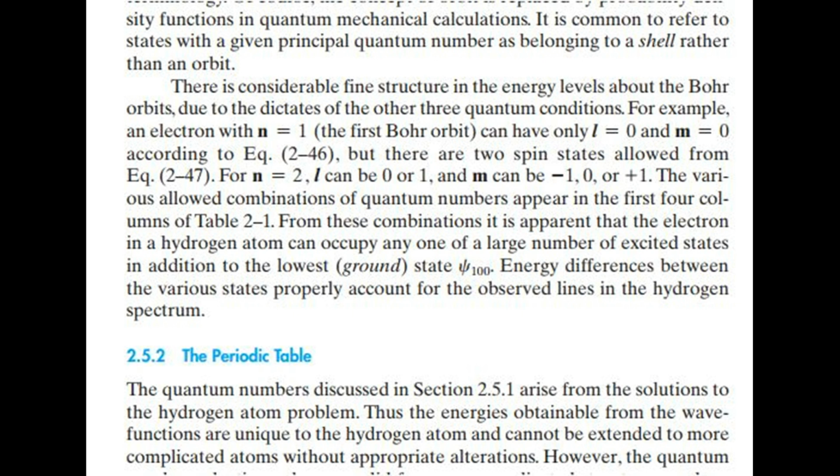The various allowed combinations of quantum numbers appear in the first four columns of Table 2.1. From these combinations it is apparent that the electron in a hydrogen atom can occupy any one of a large number of excited states in addition to the lowest, ground, state ψ100. Energy differences between the various states properly account for the observed lines in the hydrogen spectrum.